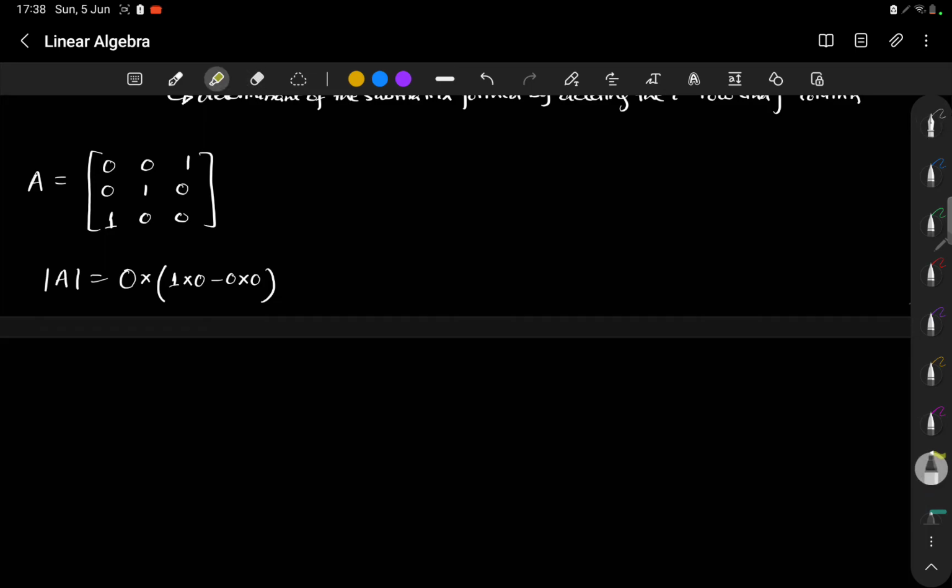Now we are focusing on the next element, but this will come with a negative sign because of the Levi-Civita alternating symbol.